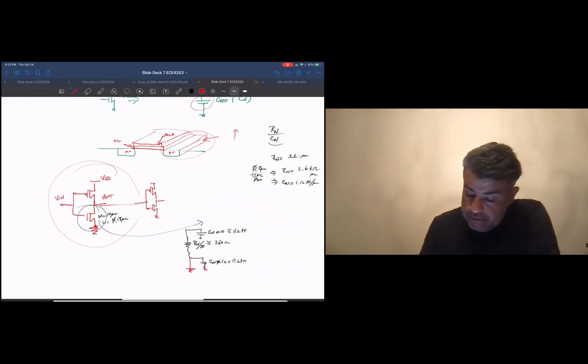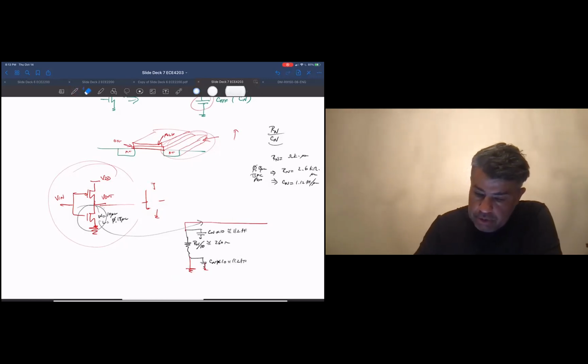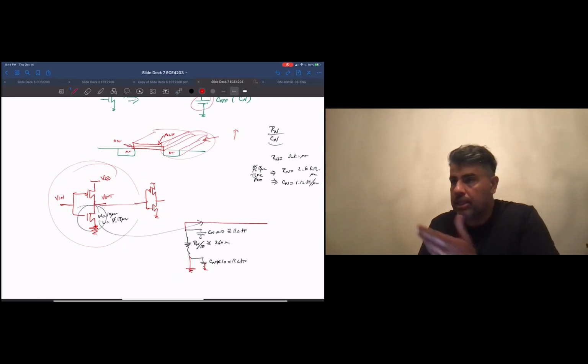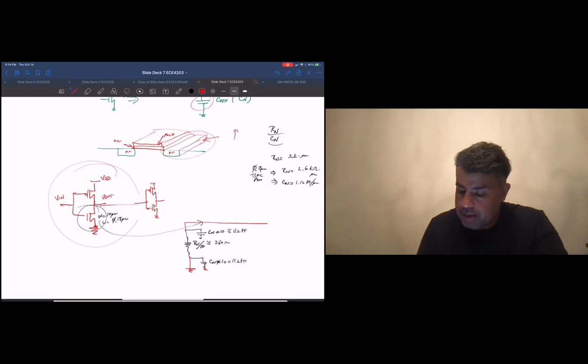The next thing I have to worry about is the gate capacitance of what I'm driving, because these also go into my RC delay calculations. If you look at the table in the book, it also gives you a C sub G. The C sub G for the N and the P turn out to be the same, because you make the gates at about the same time.